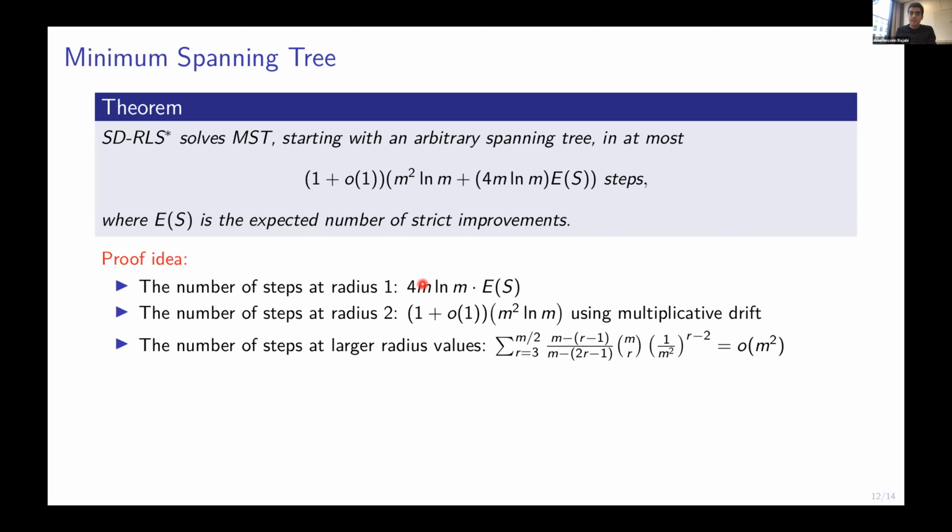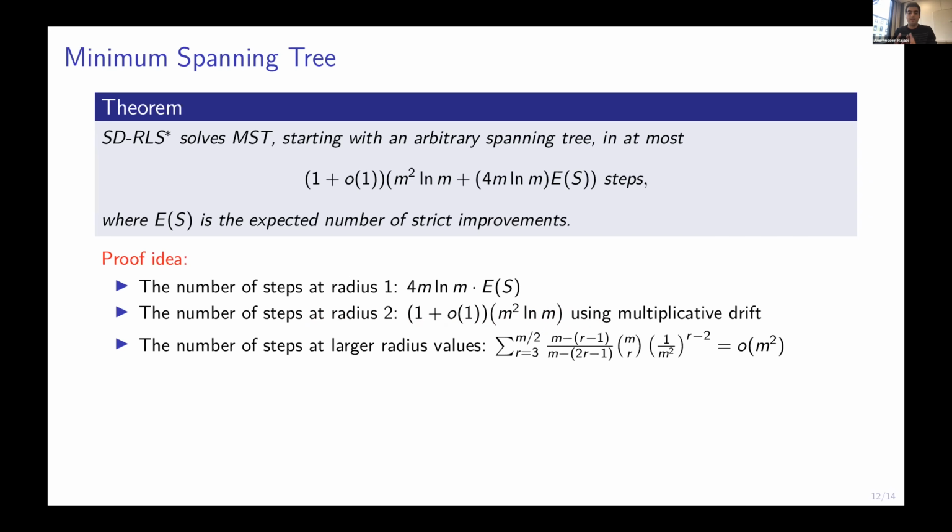So this is the threshold value for radius 1, and this is the expected number of asterisk improvements of the algorithm. And then the algorithm increases the radius to 2. We know that the algorithm can make progress, and using multiplicative drift, we can achieve this number of iterations to find the optimum.